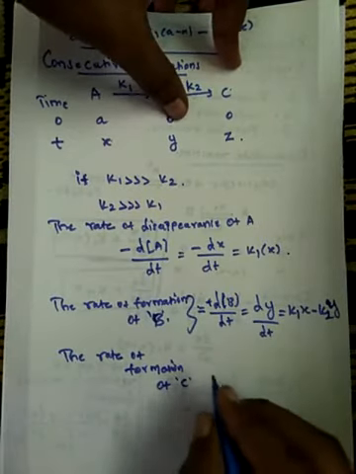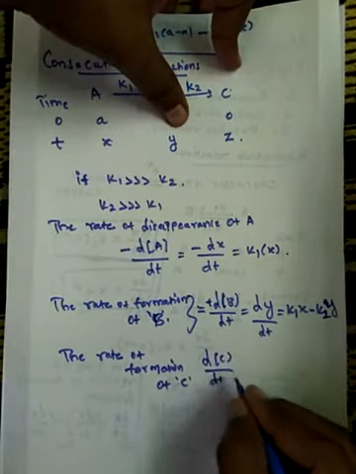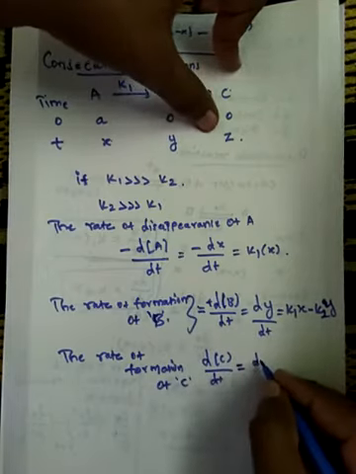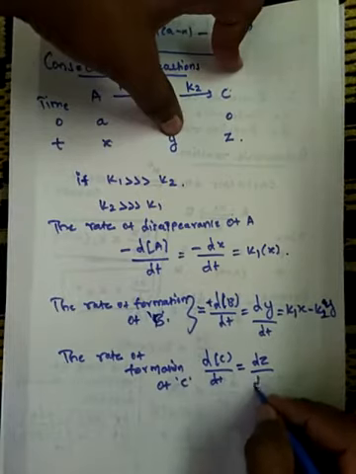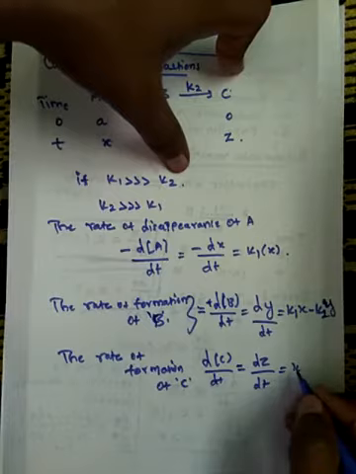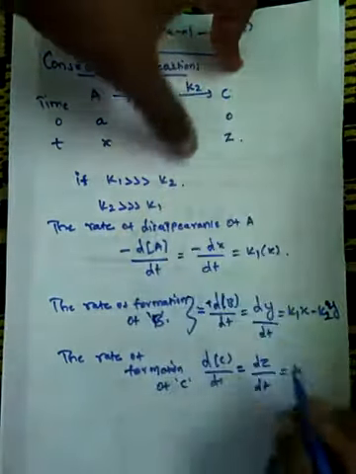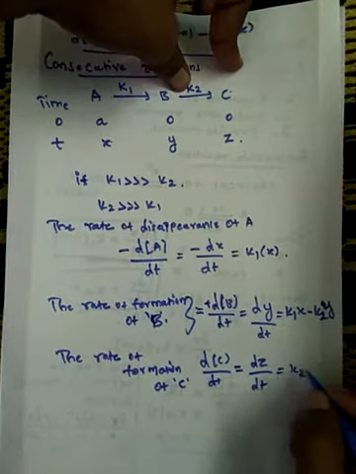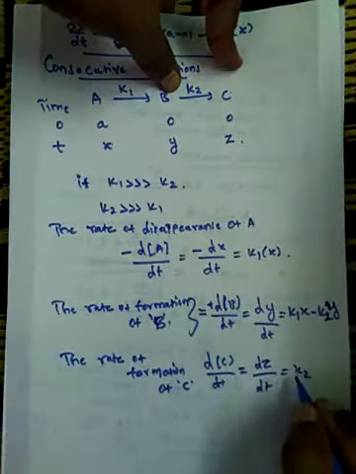So the rate of formation of C, the change in concentration of C with time, where the concentration of C at time t is z, is given by dz by dt. In the second step C is formed, therefore K2 into the concentration of B, as B disappears.